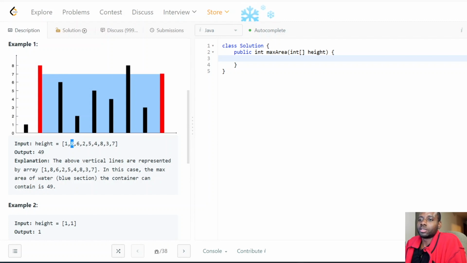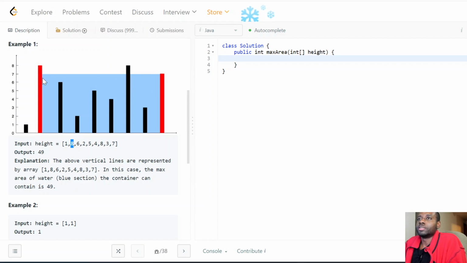The area is calculated by the width times the height. The width is calculated by the distance between the two indices. And how do we get the height? The height is bounded by whichever one is the shortest. This is a very important aspect that I want you to remember as you continue with this problem.